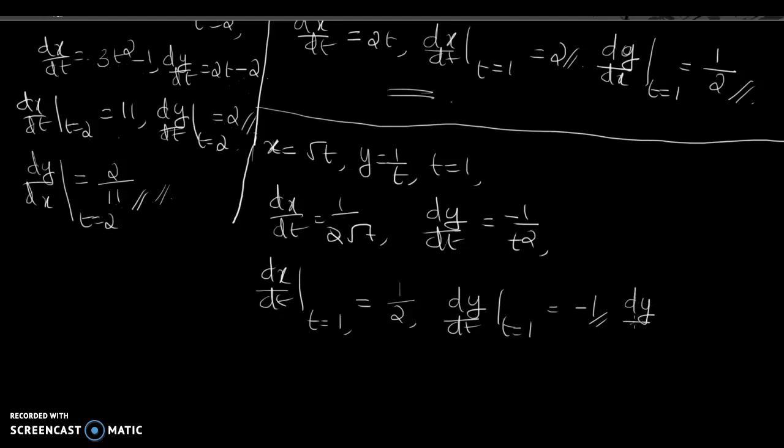So dy by dx at t equal to 1 is minus 1 divided by 1 by 2, which equals minus 2. That is the answer.